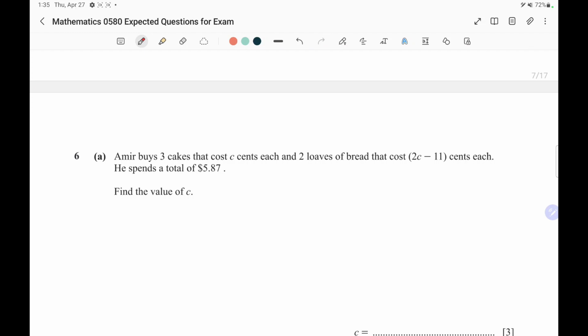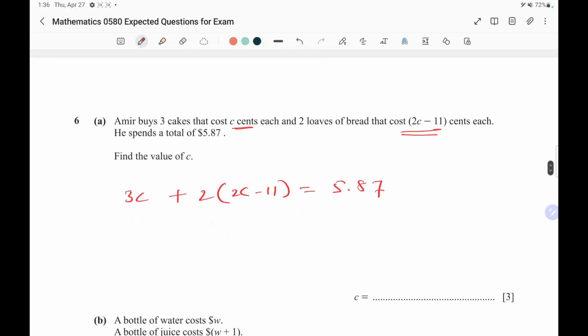So here we can see that one cake costs C cents. So 3 cakes will be 3C cents, plus 1 loaf costs 2C minus 11. So 2 loaves will be twice 2C minus 11. That's the total cost, and that's 5.87.